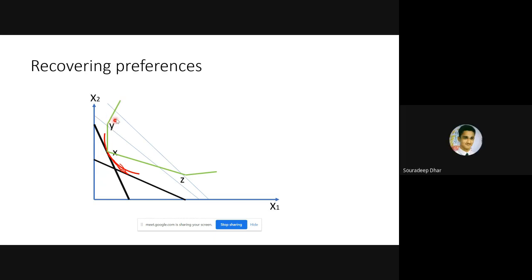Okay, ma'am. So it is another point. Yes, it is another point corresponding to a new budget line, the budget line which is not drawn here. So, ma'am, that line does not have any significance. No, no, it is just the continuation of the line XY. You can draw it because you have to draw several budget lines, and for each and every budget line you will get a point like XYZ.